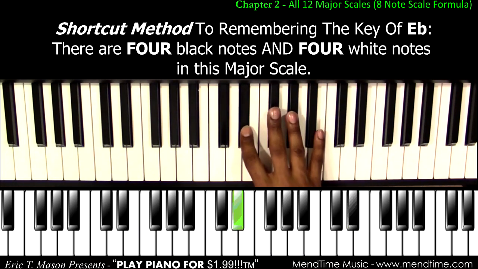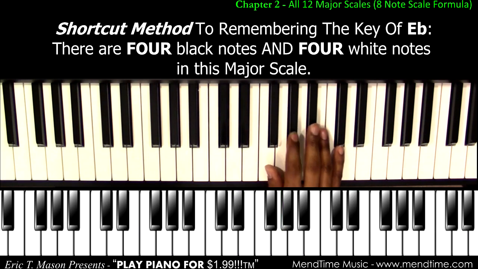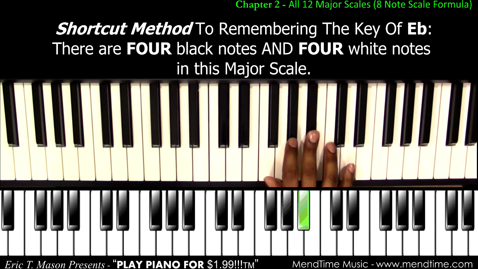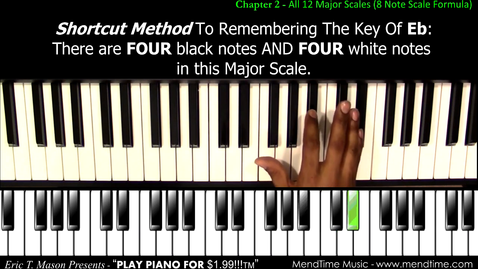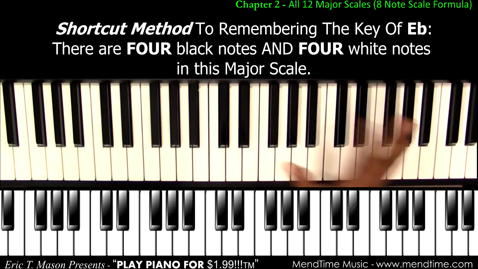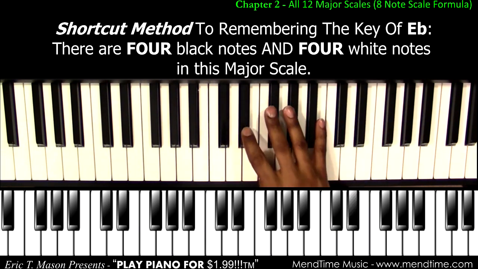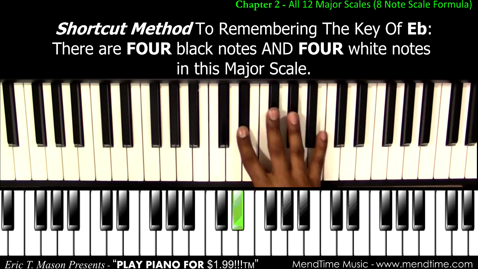So we have 1 black note, 1 white, 2 black, 3 white, 4 white, 4 black. So the way to recognize E flat before we get back into the key of E is that E flat has 4 and 4. Okay?